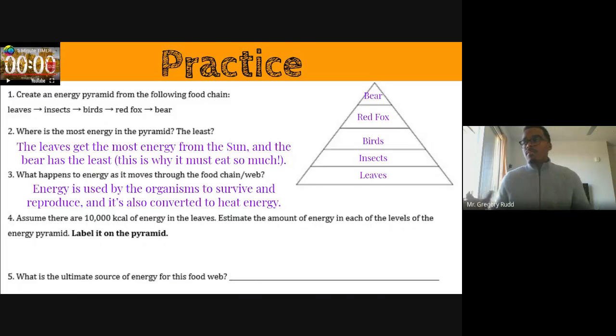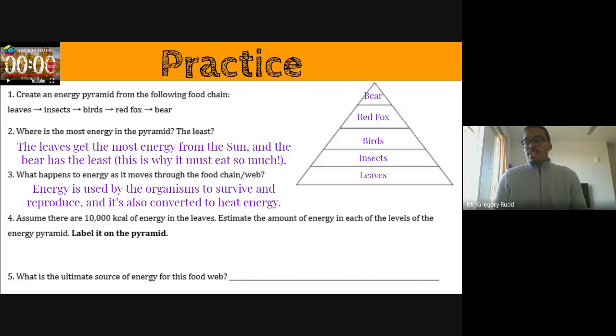And then also the organisms have to use the energy to live their daily lives. They have to use energy to reproduce, to drink water, to go in search of food, to play, whatever organisms are doing. They need to use energy to do all of those things. So of course, some of that energy is not going to be available to the next level, the next organism.